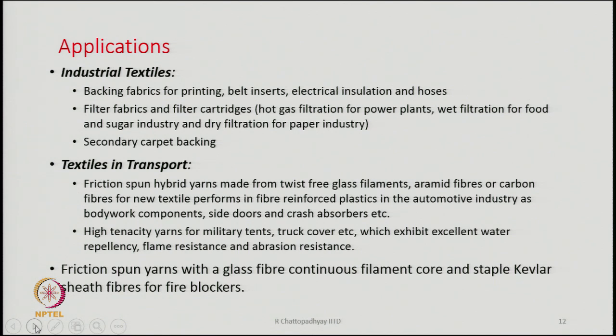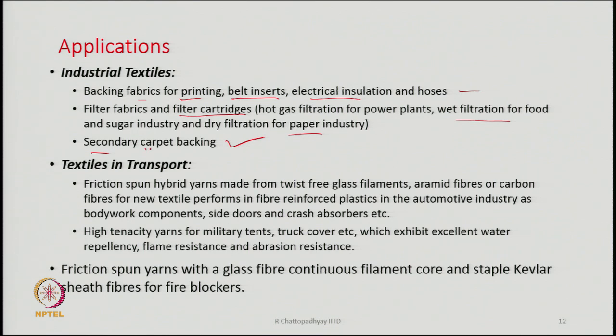The other reason for industrial application is that we will see the limitation of the technology, and we will discuss them. So, backing fabrics for printing, belt inserts, electrical insulation and hoses, filter fabrics, filter cartridges for dry filtration, wet filtration, for sugar industry, paper industry, secondary carpet backing yarns can be produced.